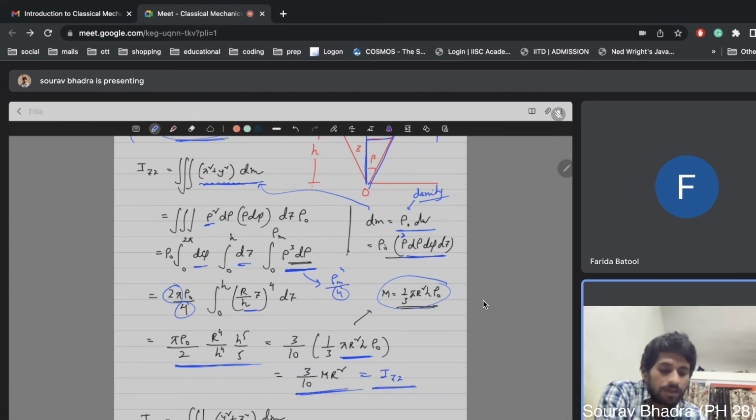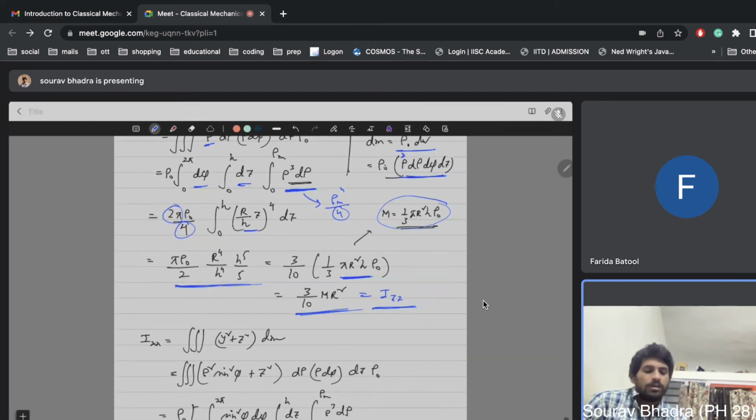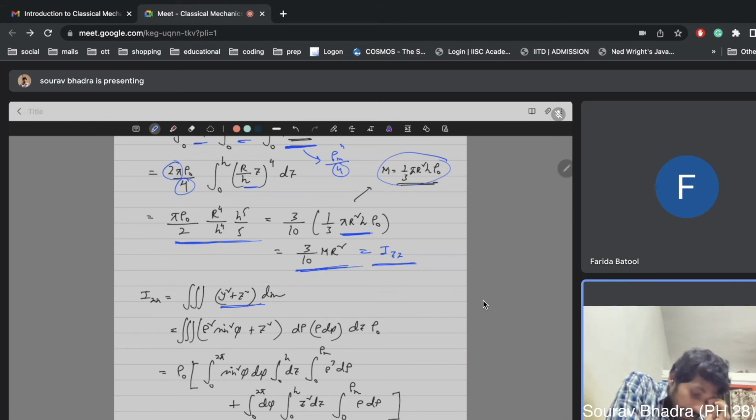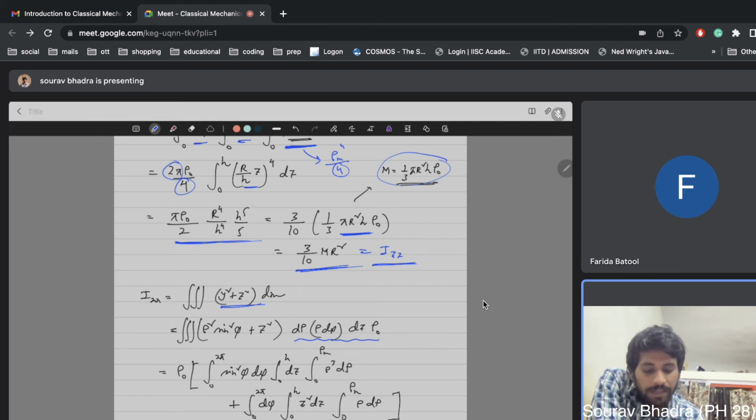Right. Now we are calculating the Ixx. So Ixx similarly will be the integral of y square plus z square dm, where dm is again the volume element times the uniform density. Now the main difference will be here.